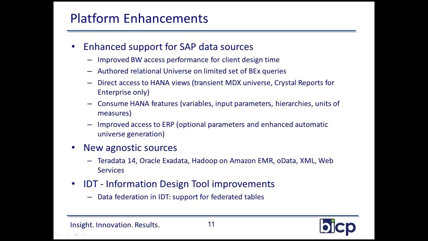I know Amazon and their Elastic MapReduce is probably one of the more popular Hadoop instances, or certainly one of the quickest and easiest ways to get introduced to Hadoop and set up a Hadoop environment. So if you're looking at big data and getting applications up quickly, this is a very important new data source connection available to BusinessObjects, right?